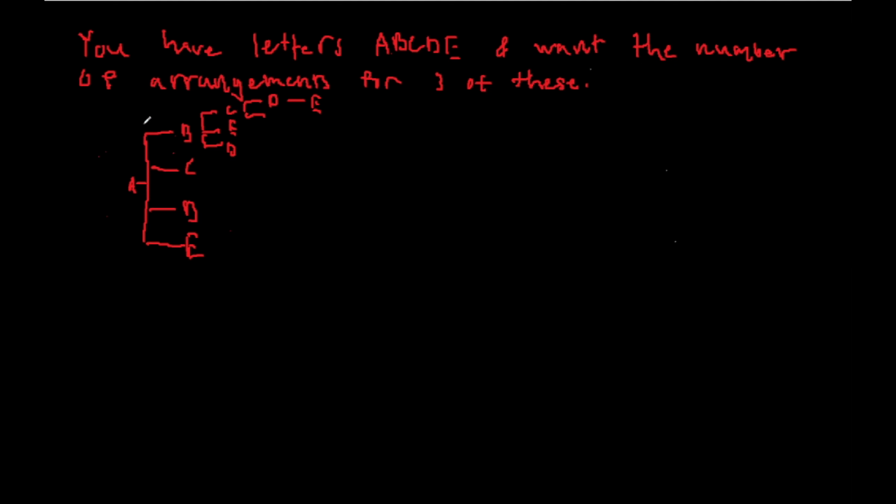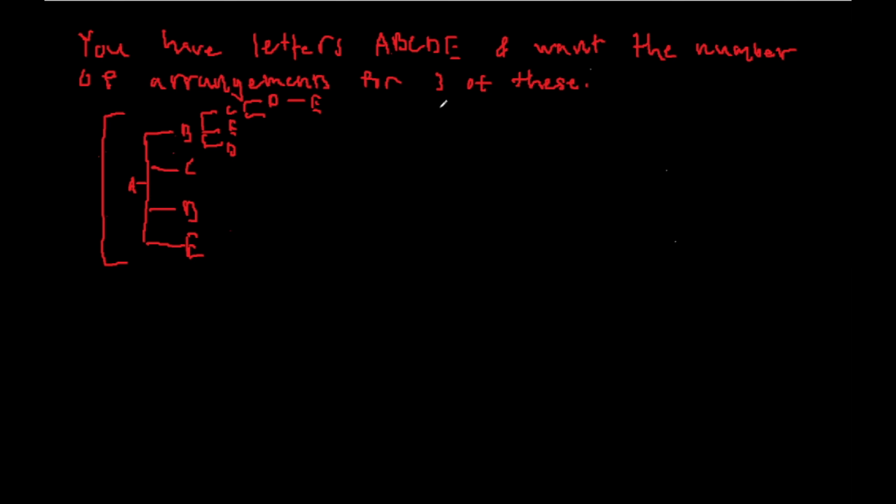You can do this whole thing 5 times. You could start with B and then C and then D and then E. If you write this whole thing out for A, you'll find that there are 24 different combinations.